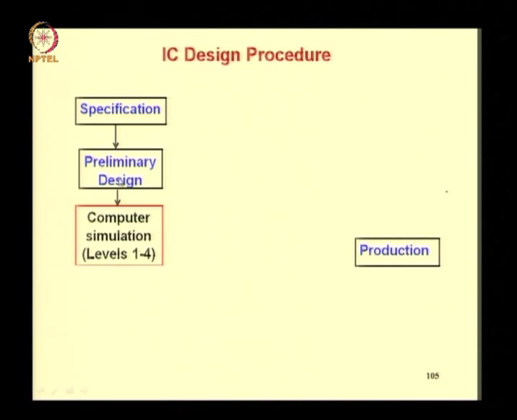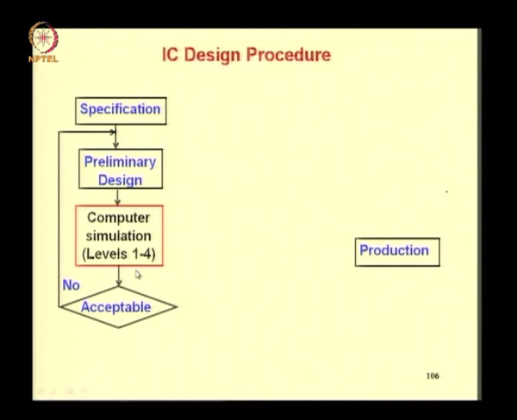You first do a preliminary design, and then the circuit that comes out of this design is subjected to computer simulation of 4 levels. What are these 4 levels? We shall look at shortly. If at the end of this simulation you find that the design is acceptable, then you move further, otherwise you go back and redo your design.